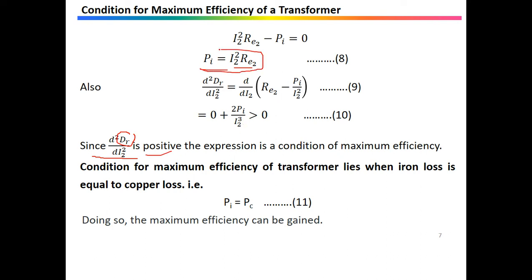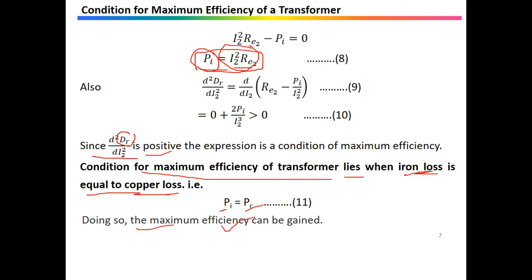Which condition? This condition. And what this condition gives us is that this is the iron loss and this is the copper loss, which we have studied in the last video lecture. So the condition for maximum efficiency of a transformer is when the iron loss becomes equal to the copper loss. Whenever the iron loss becomes equal to the copper loss, the maximum efficiency can be attained.